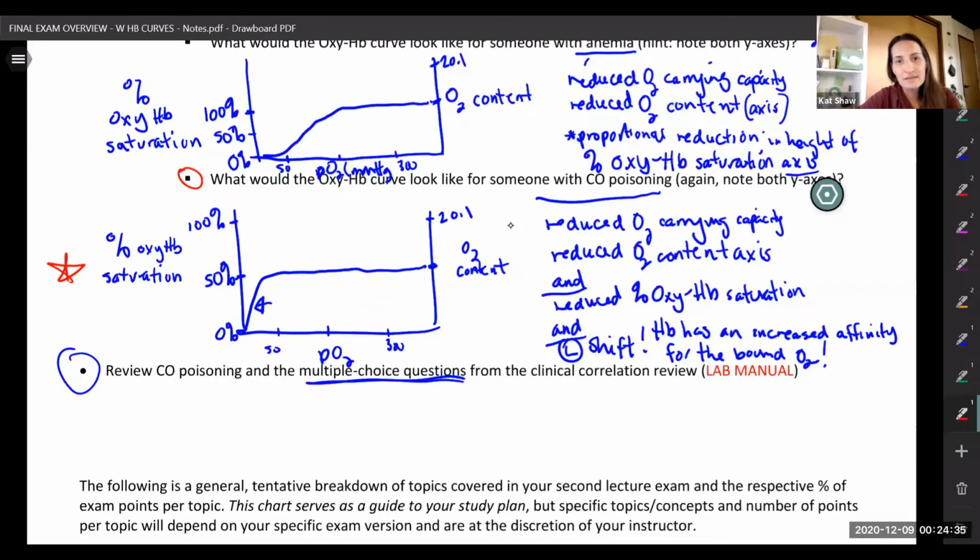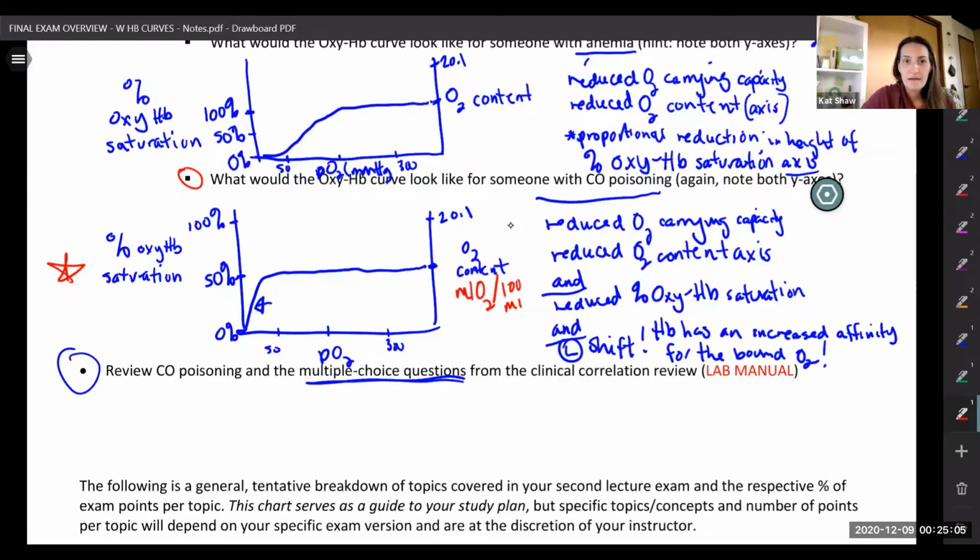On the right side, on that y-axis, we have the oxygen content, which would be milliliters of O2 per 100 milliliters of blood, or you can say milliliters oxygen percent. And at the very top, I have 20.1, which we would expect as an oxygen carrying capacity for an individual that had a normal hemoglobin concentration of 15 grams percent.